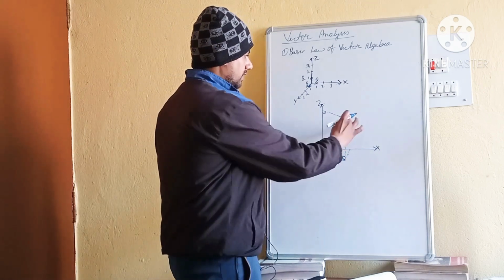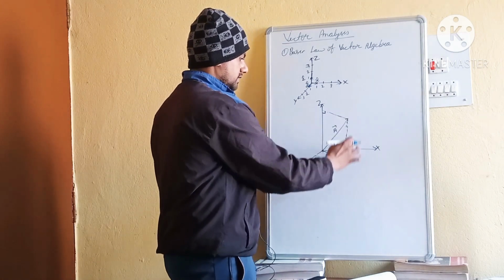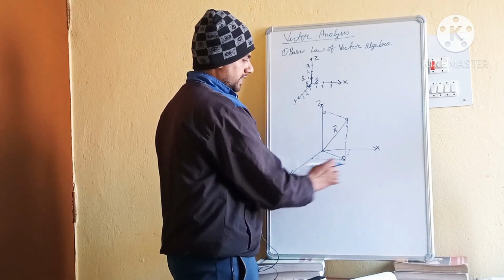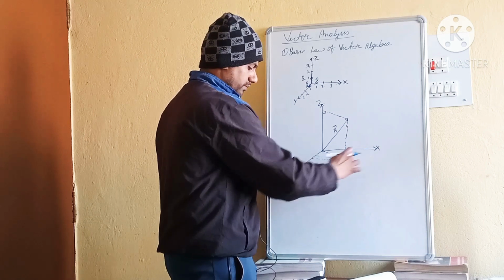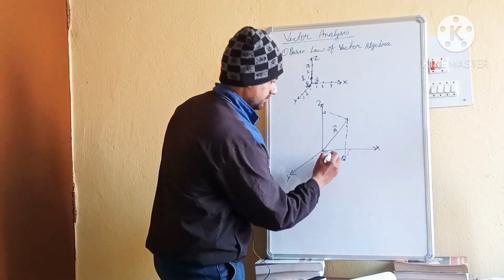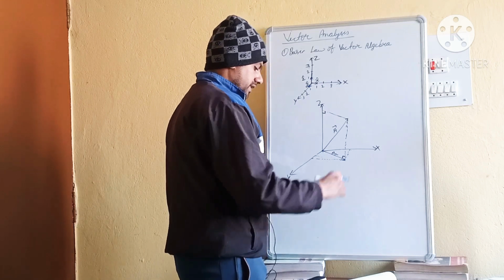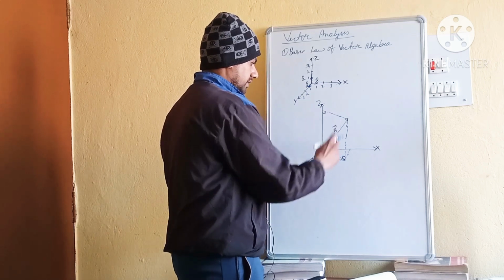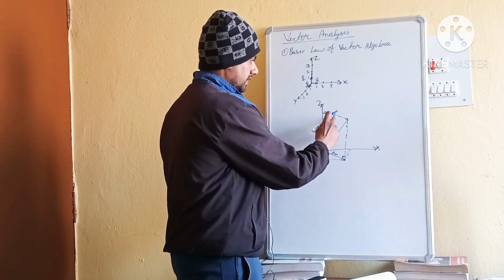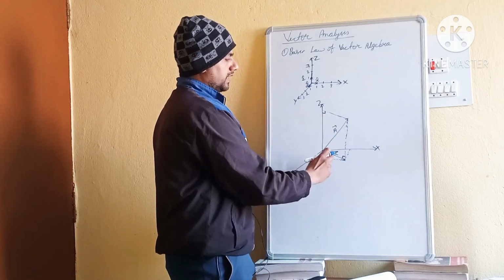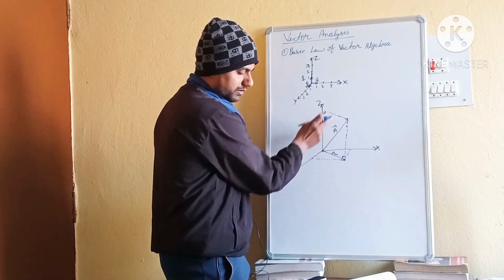Then whatever is the projection of vector a on the xy plane, that here I am representing by AR. And whatever is AR, the same thing is here, because these two are parallel to each other.